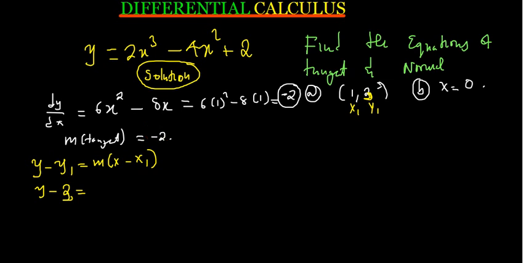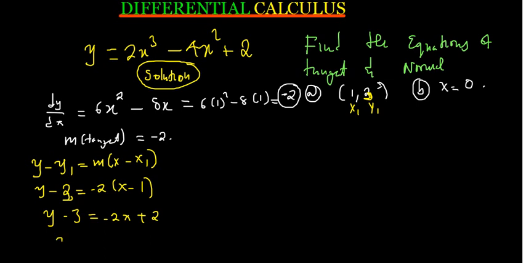So that's the one we're going to substitute here. And then we'll say x minus x1, this is a 1. Okay, so this is going to give us y minus 3 is equal to negative 2 times x. That is going to give negative 2x. Negative 2 times negative 1, that is going to be positive 2.